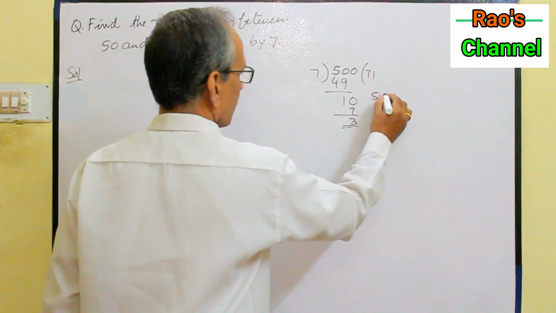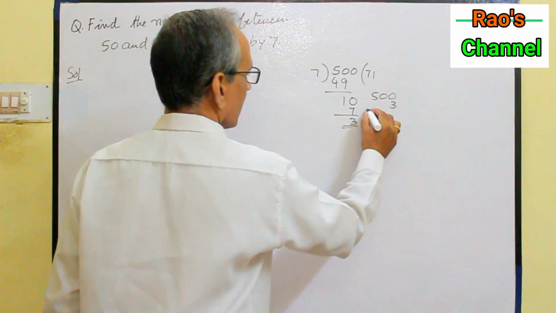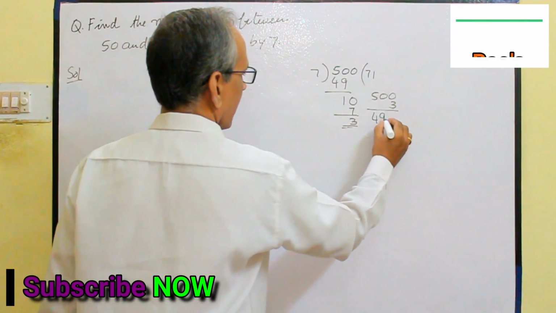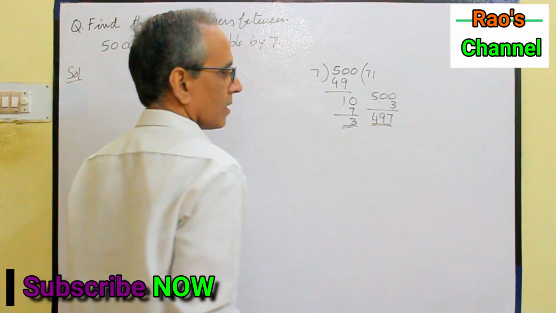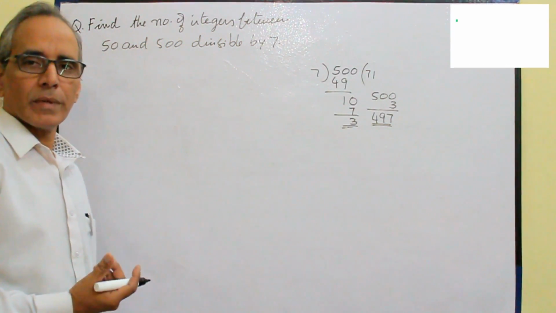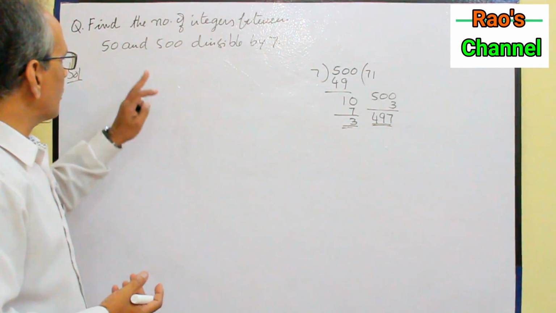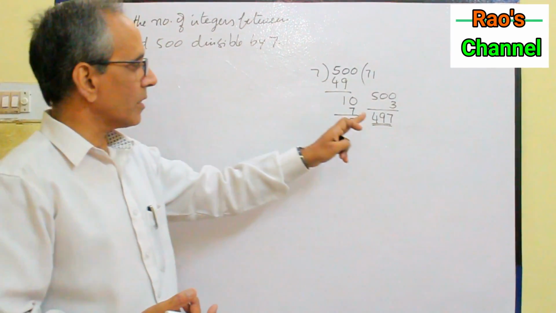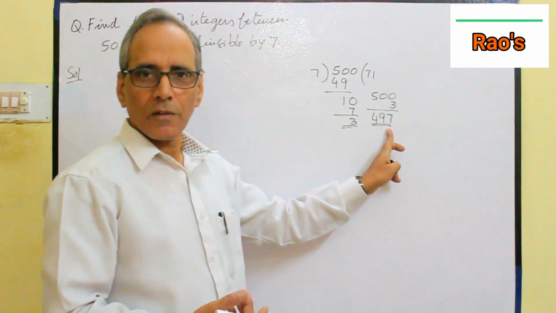So when I subtract 3 from 500, I get the last term in the AP. So I got the first term 56 and the last term of the AP.